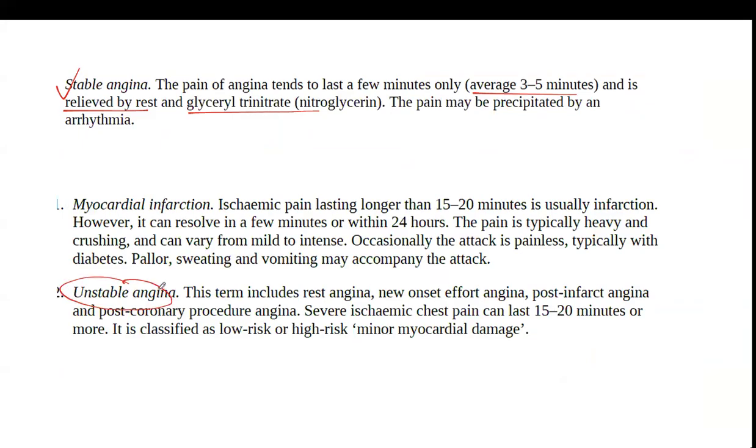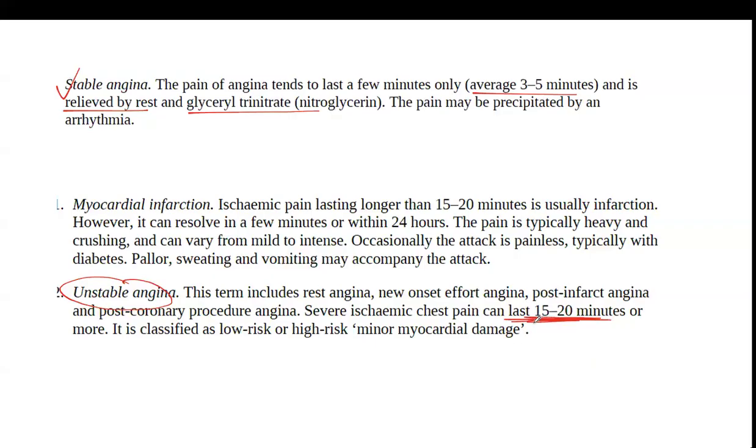So in unstable angina, the pain will be similar to ischemic heart disease pain: pain on the left side and pain radiating to all of those areas. The important thing is that the pain will last more than 10 minutes. It is a pain which lasts at least 15 to 20 minutes according to John Murtagh.